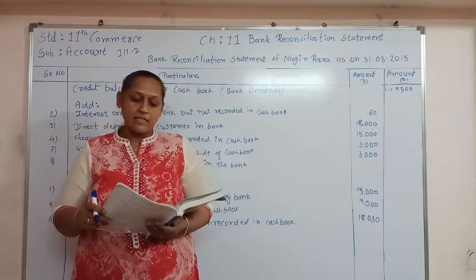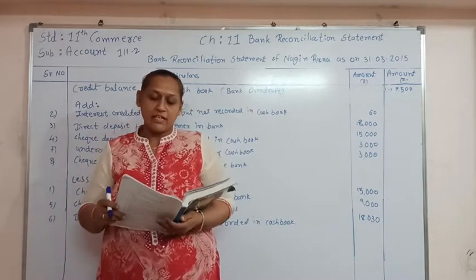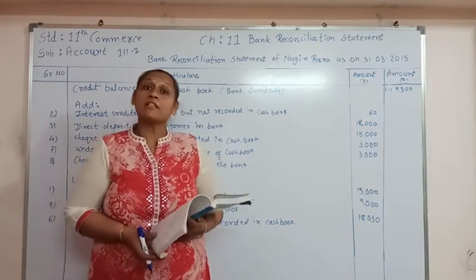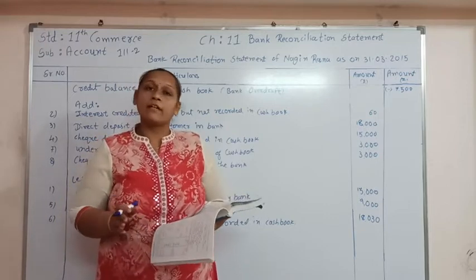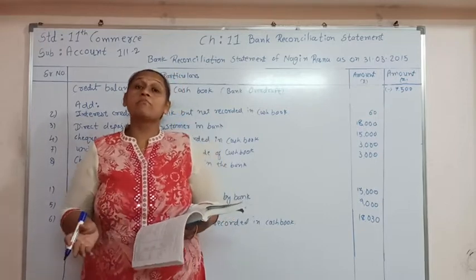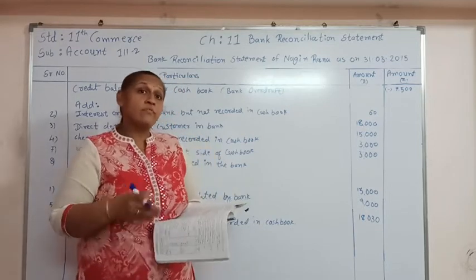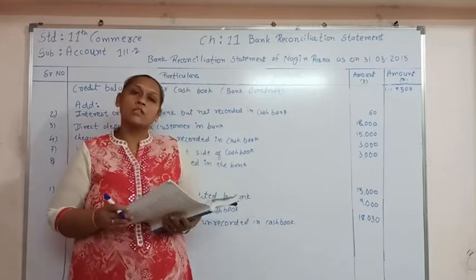A check of rupees 6,000 is deposited in the bank but the bank has not yet credited the same. So here we have deposited the check with the bank so in the cash book the amount is already increased but the bank has not credited the same. So if we want to make the balance the same, we have to deduct the amount from the cash book.